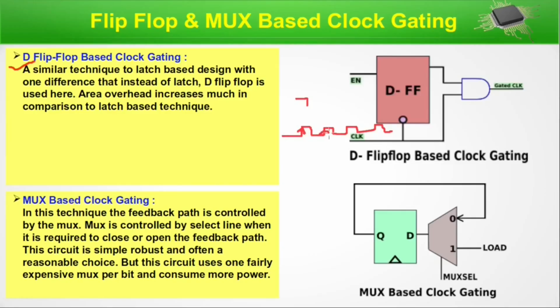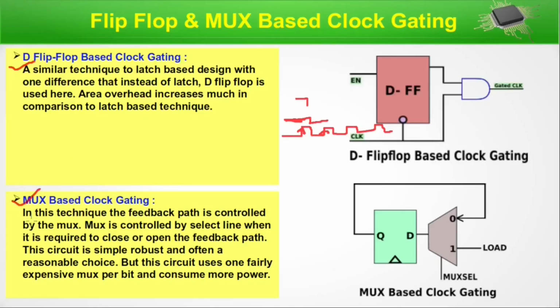Whatever enable value is present gets reflected when the next positive edge comes. If the enable is high, it will reflect here. At the same time, if the enable genuinely goes down, until the next edge comes it will remain in the old state. That will not be reflected here. It's edge sensitive. Only when the positive edge comes will it get reflected here.